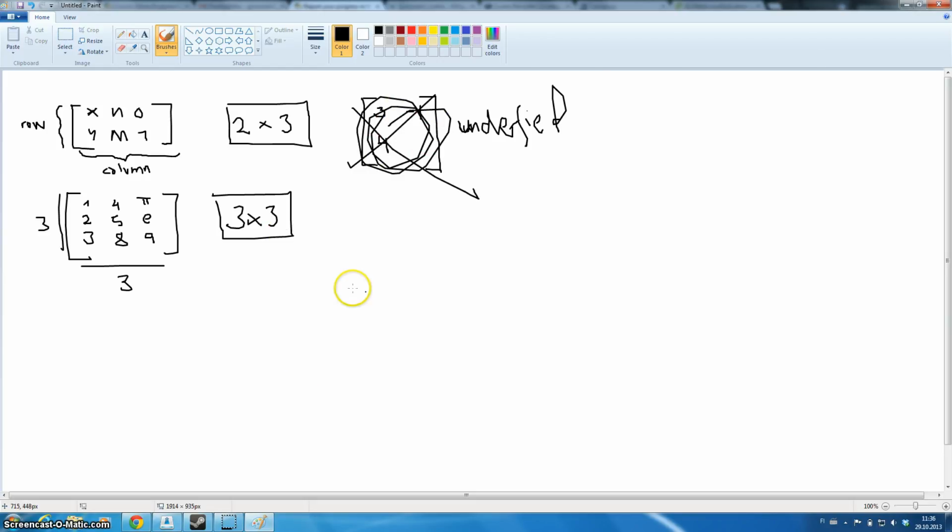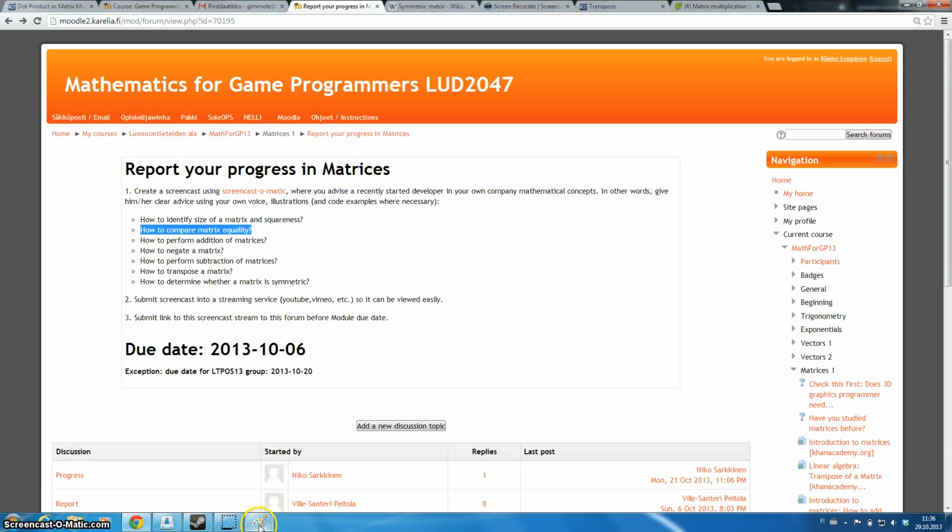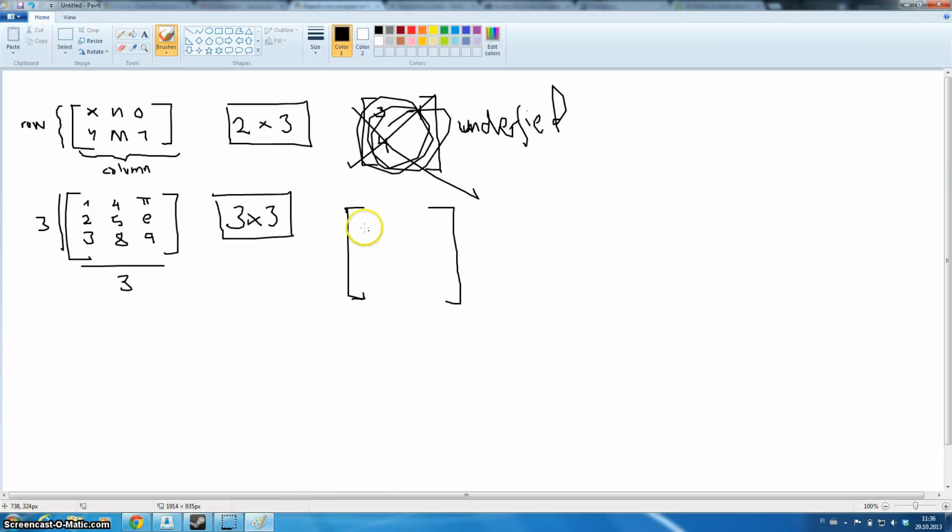And it has to have all elements. So, how to perform addition of matrices. When you add matrices, you have to have as many elements.